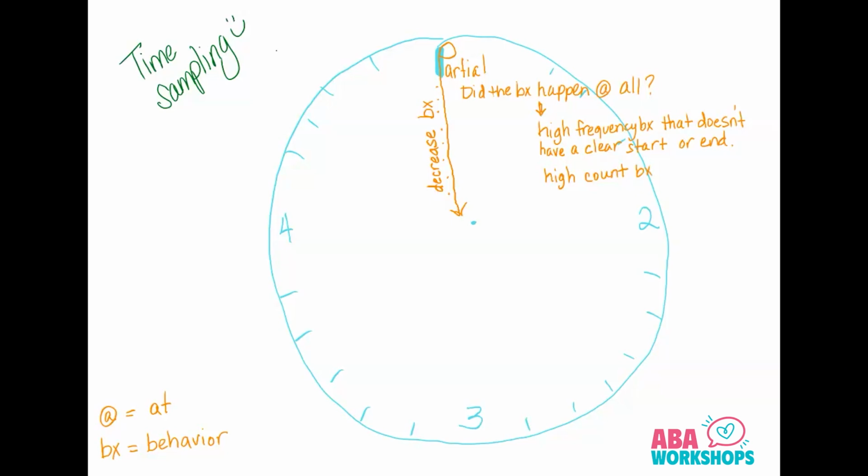So we're going to say underestimates. And you can get the clue for underestimates in the word right here, if you forget. Underestimates, high count behavior.